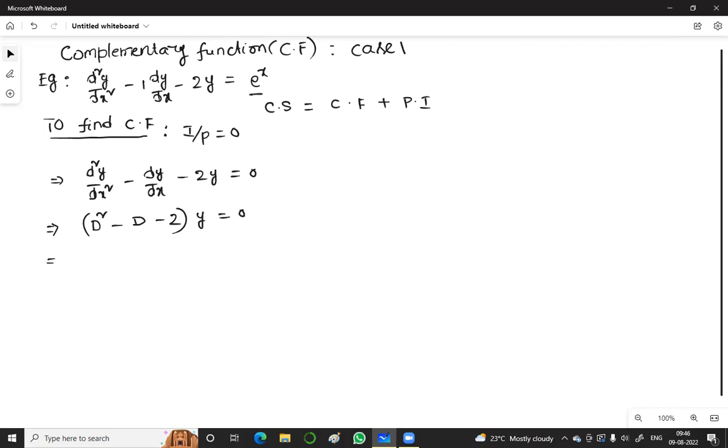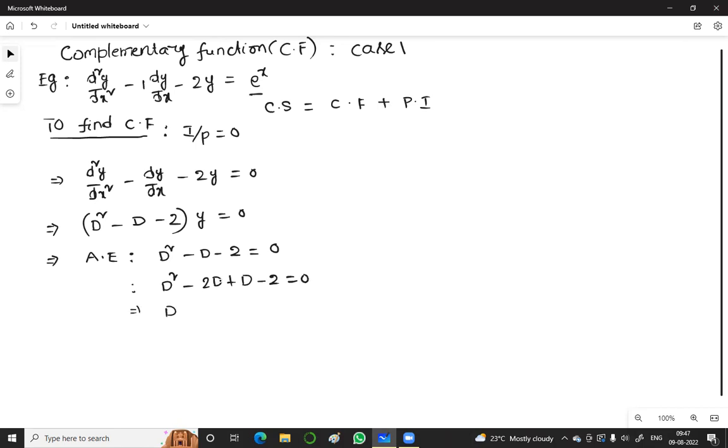Now you have to find the auxiliary equation. What is the auxiliary equation? D square minus d minus 2 is equal to 0. So from this auxiliary equation, you have to find eigenvalues. How to find eigenvalues? You have to solve this polynomial equation of order 2. You can solve it in any manner, like d square minus 2d plus d minus 2 is equal to 0.